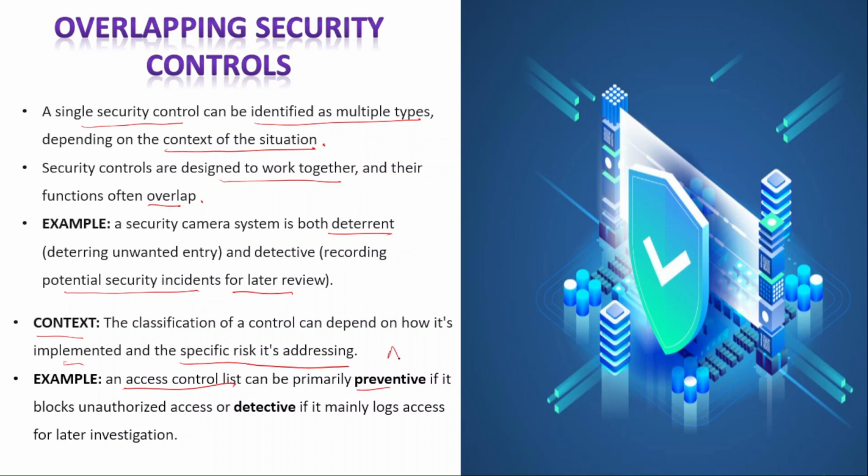ACLs are basically configured to prevent unauthorized access or to block certain types of traffic, if it blocks unauthorized access, or detective if it mainly logs access for later investigation. You can also configure an ACL to allow the access but only log the access time and other information, so you can later review for any unwanted access.